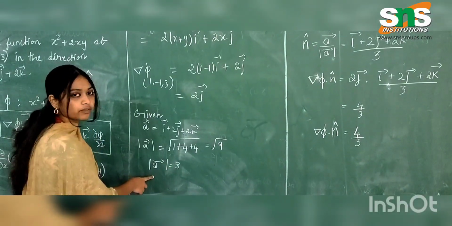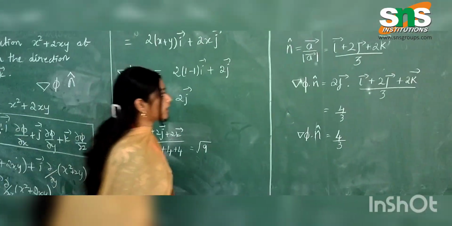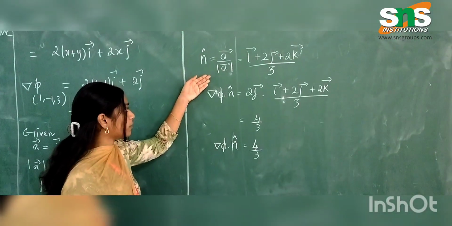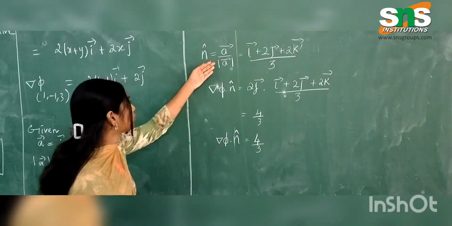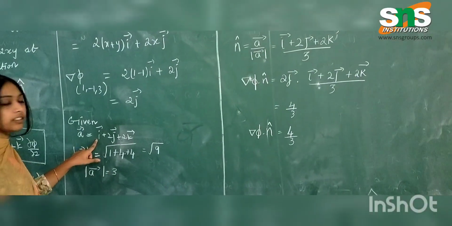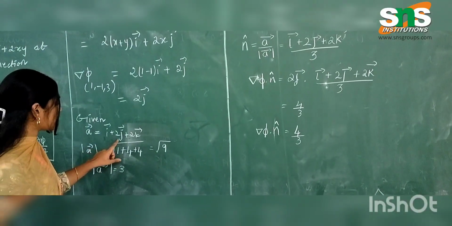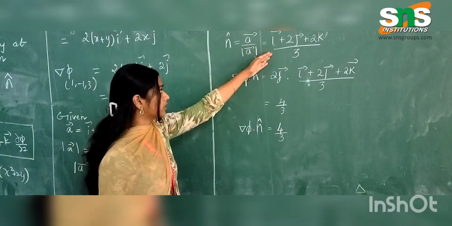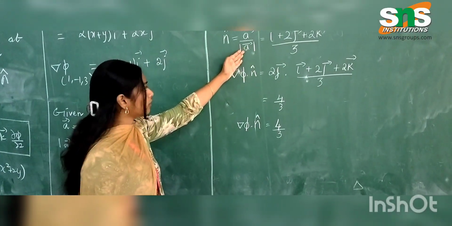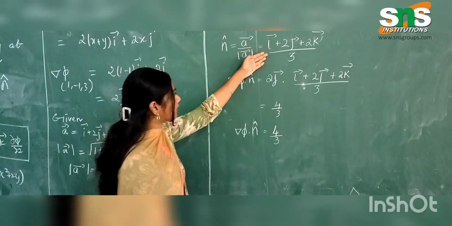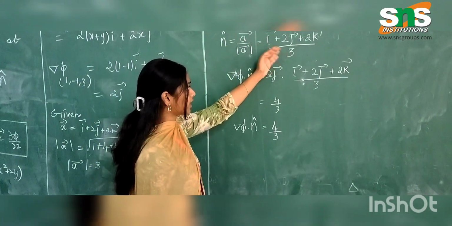So modulus of a vector is 3 and you know the formula of n cap, that is a vector divided by modulus of a vector. The a vector is already given in the question, i vector plus 2j vector plus 2k vector. So the n cap is i vector plus 2j vector plus 2k vector divided by 3.